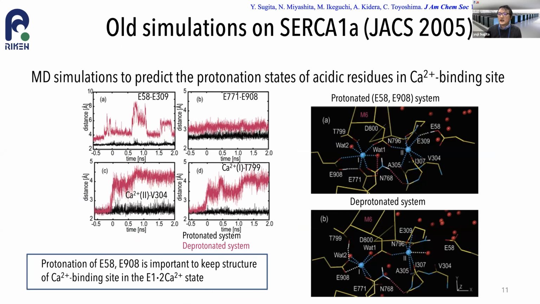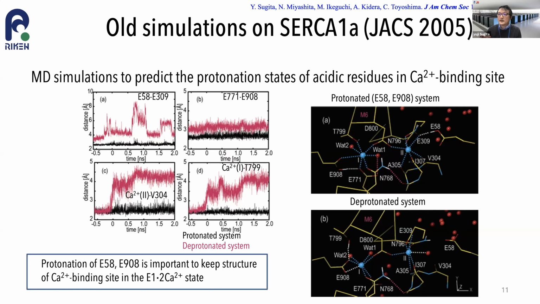When I was young, I simulated this protein using atomistic MD simulation. I started this simulation in 2002, but at that time, computers were very slow and I couldn't simulate for a long time. So I simulated just 2 nanoseconds for this system.